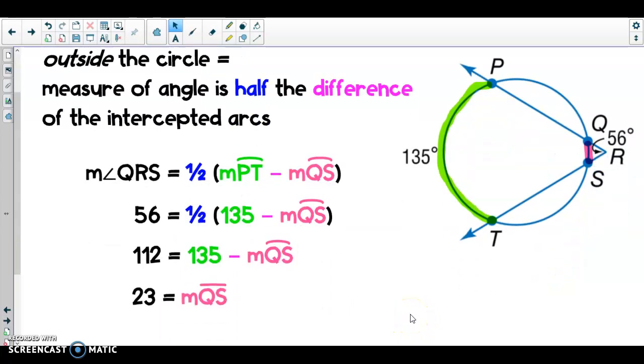And lastly, we get that the measure of arc QS is 23 degrees. So again, if the angle is outside the circle, it is half the difference of the two arcs.